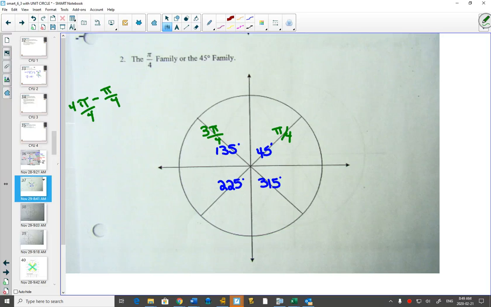Can you see in quadrant 3 it would be the same thing but with a plus sign? We have 4 pi over 4 plus 1 pi over 4. This would be 5 pi over 4. In quadrant 4, you would do 2 pi minus pi over 4. How do I write 2 pi as something over 4?